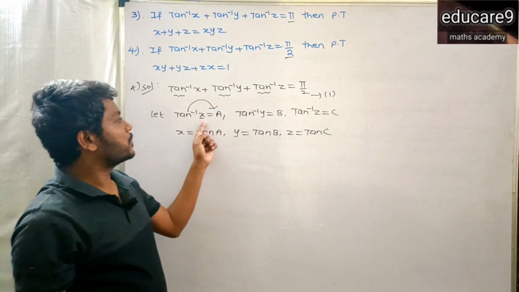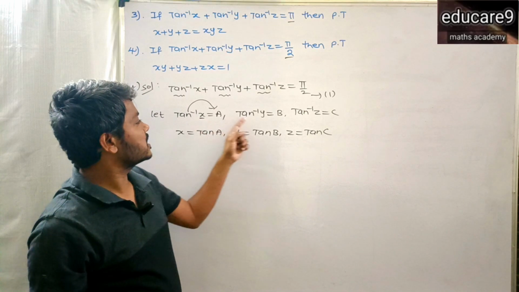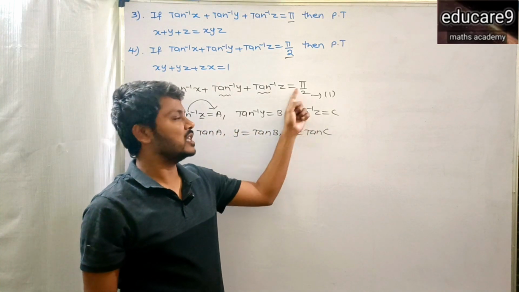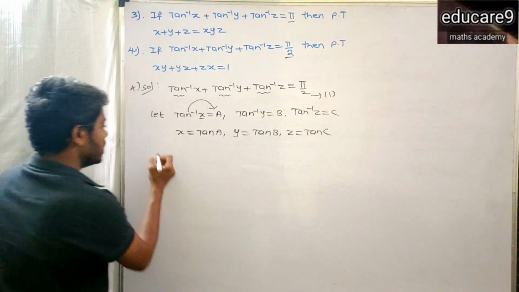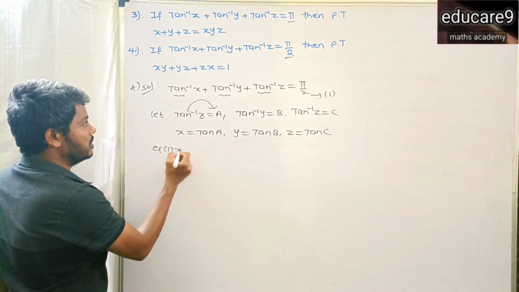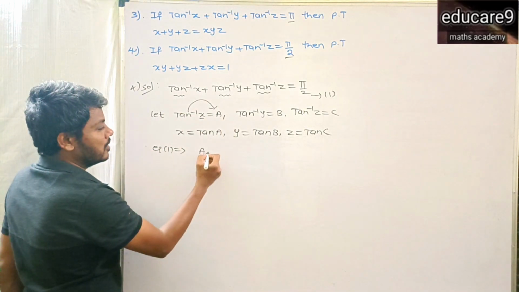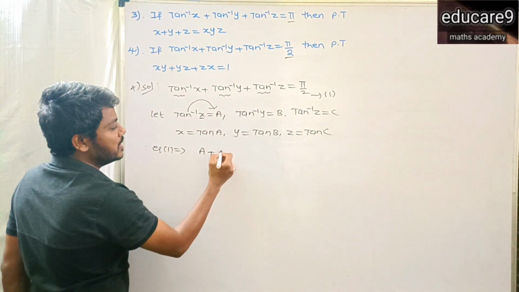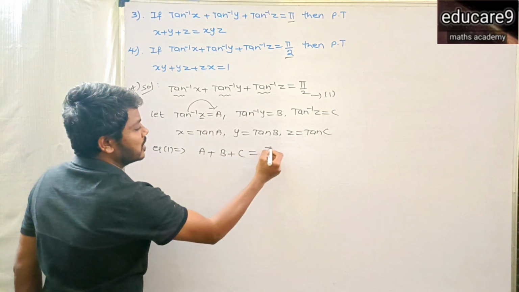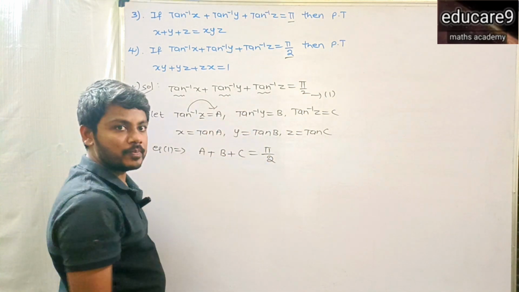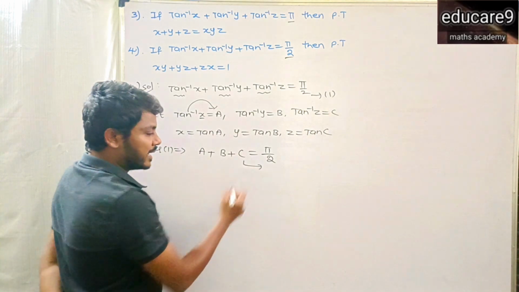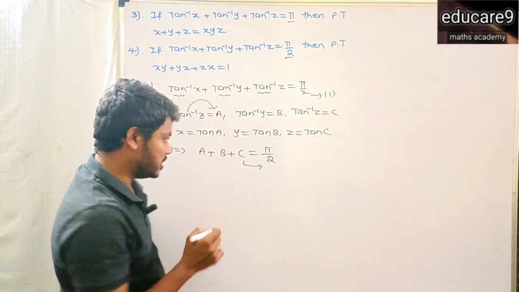Now we can substitute the tan⁻¹x, tan⁻¹y, tan⁻¹z values in equation 1. Clearly, equation 1 becomes: tan⁻¹x is A, tan⁻¹y is B, next C equals π/2. So you can send C to the right hand side, it becomes −C.